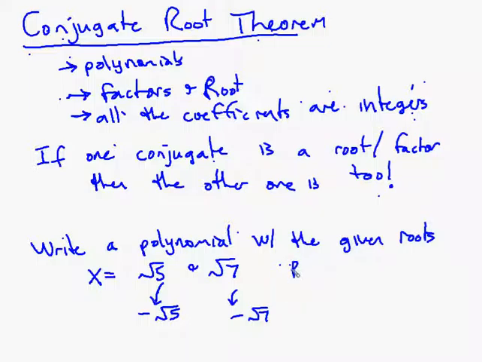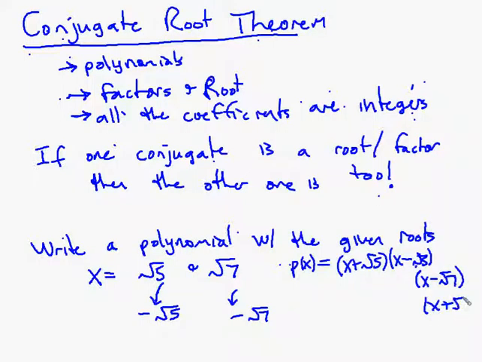So our function, p of x, is going to be x plus root 5, x minus root 5. I'm running out of space here, but then the next one would be x minus root 7 and x plus root 7. See, I have the conjugates. I have all of them. Okay?